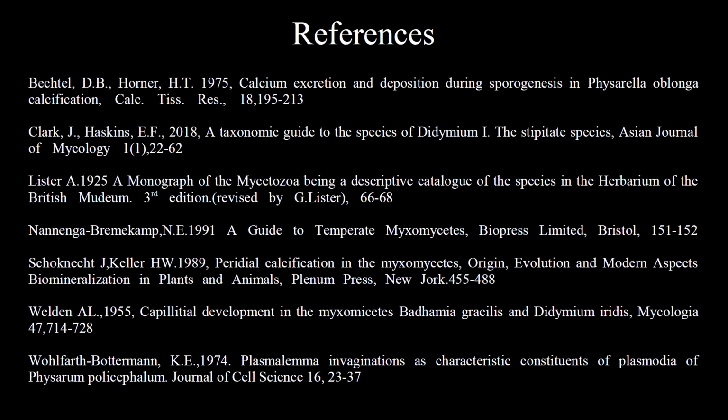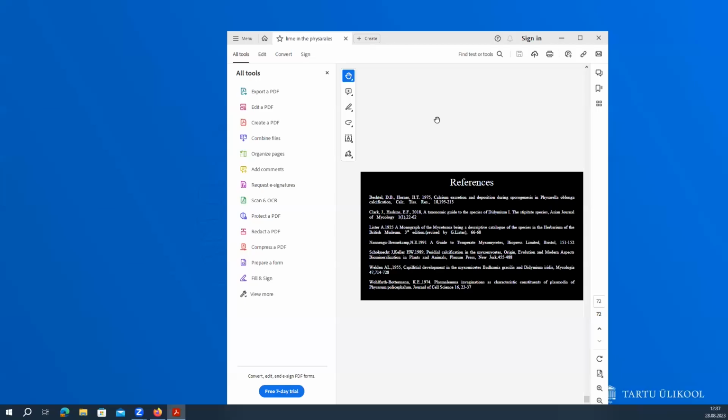Okay, thank you. I would like only to comment that from your presentation it is obvious that when we look for some new morphological characters, they are not only stable characters, but maybe we should look also at the development of the characters that can differentiate species or even genera.